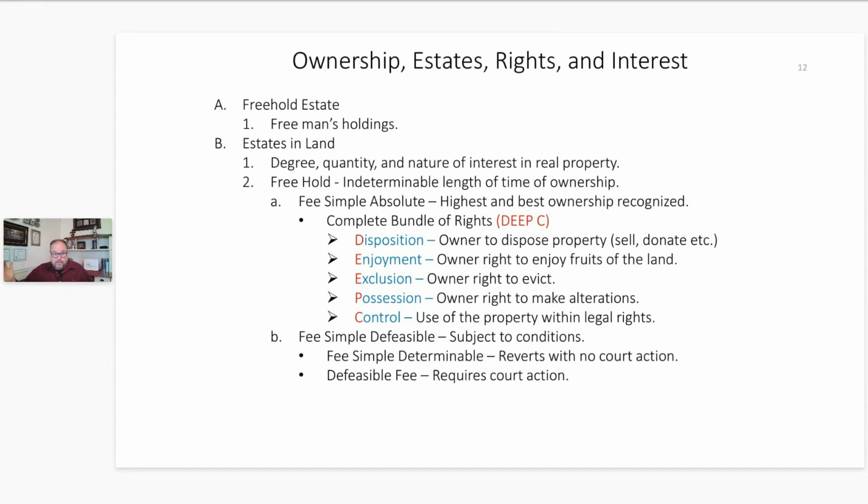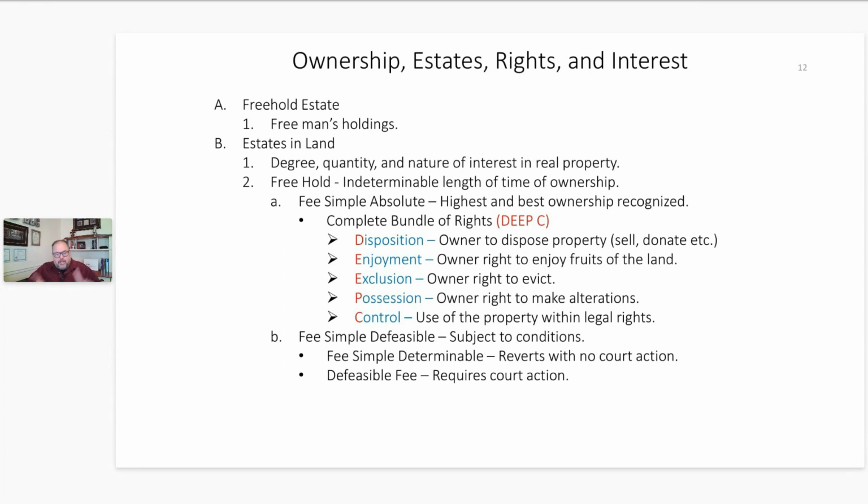You own it in perpetuity, just like fee simple absolute, but you can only use it for urgent care reasons. If the grantee who owns it in perpetuity violates that and turns it into a restaurant or a coffee shop, then they're going to lose the property. Okay. Because they violated the conditions.